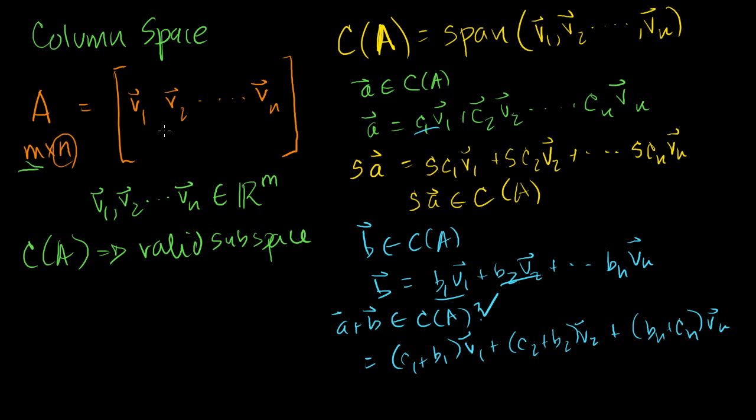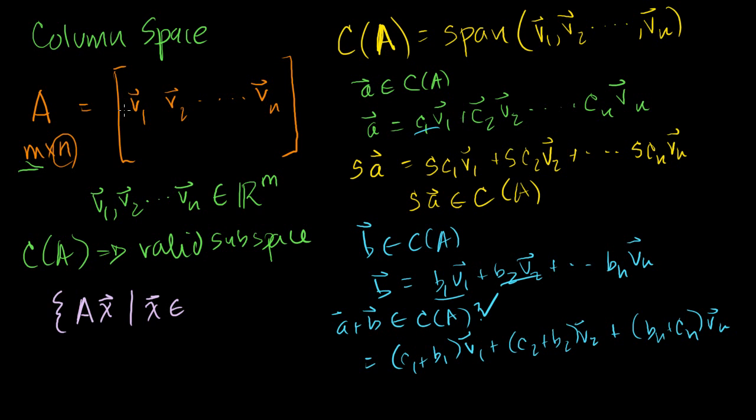Now let's think about other ways we can interpret this notion of a column space. Let's think of it in terms of the expression, if I take my m by n matrix A and I multiply it by any vector x, where x is a member of, remember, x has to be a member of Rn.